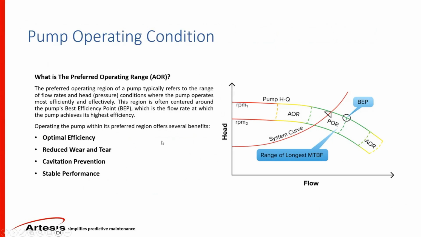The preferred operation range is again the suggested operation range provided by the manufacturer. So what happens if you move to the left or right? You can see that the optimal efficiency will not be achieved, it is reduced. Of course, if you are operating here, you will not have these problems. If not, you will have the negative effects. So you will risk increased wear and tear, and you will have cavitation and unstable performance of the pump.